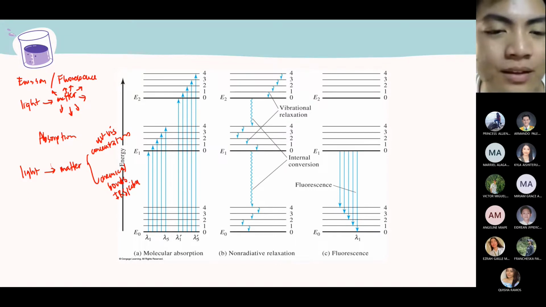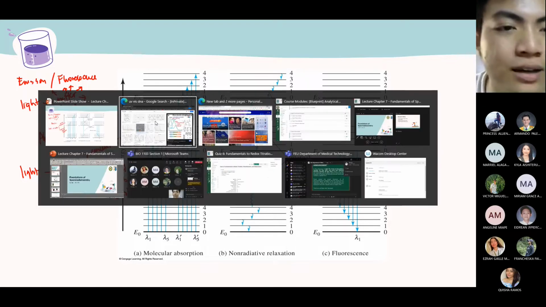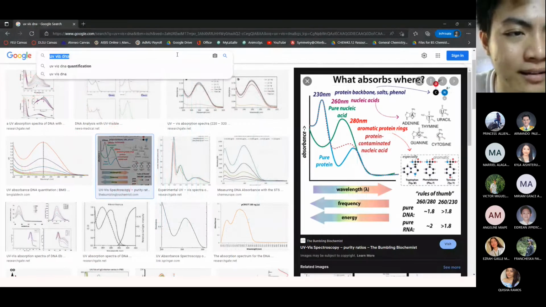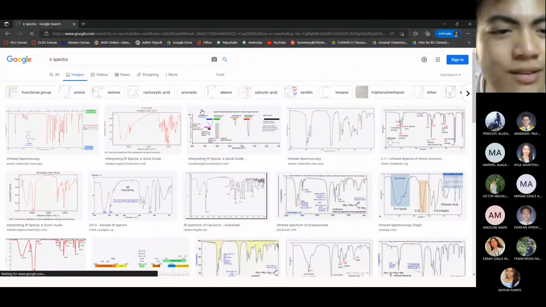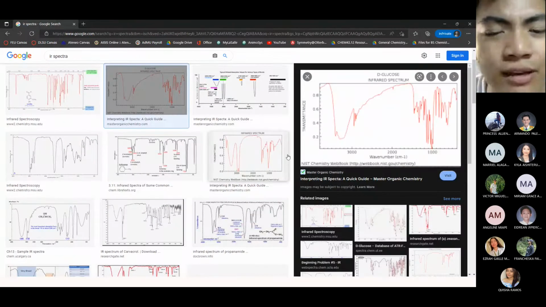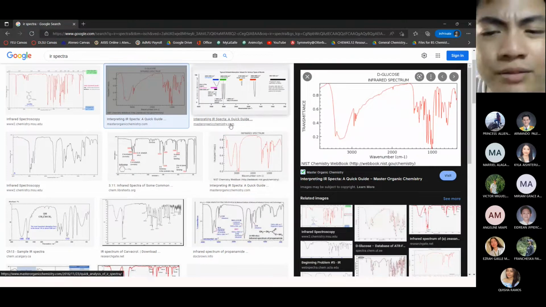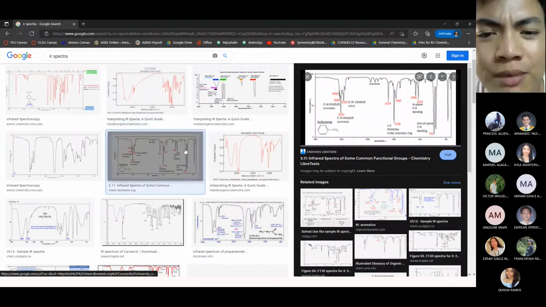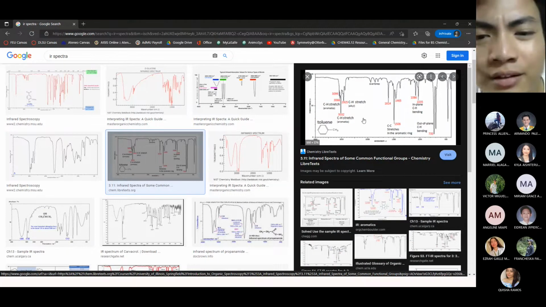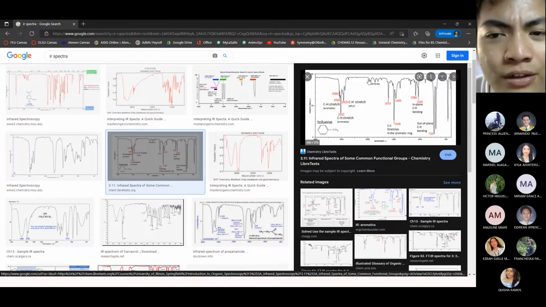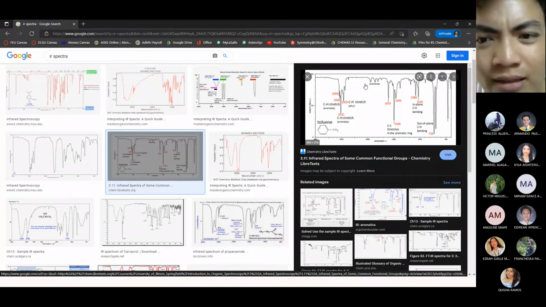Let me show you the IR spectra. This is how the IR spectra looks like. It is different for every compound, and each peak corresponds to certain chemical bonds. For example, we have here the carbon-hydrogen bond. This is the overtones for the aromatic ring.